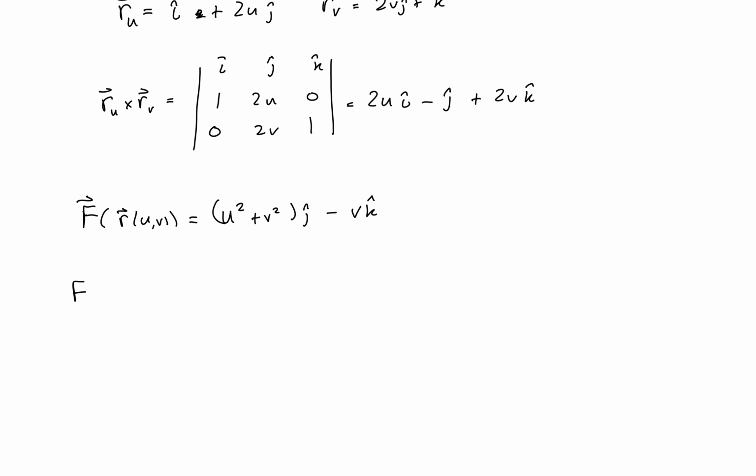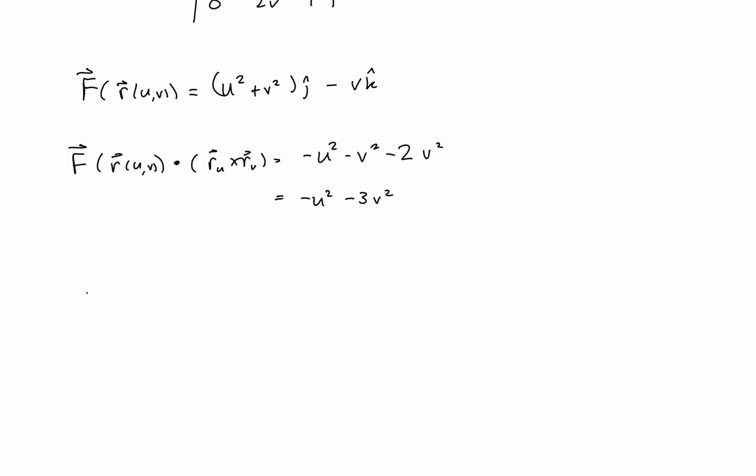Now we can take the dot product of these two. There's no i in the F component, so that will go away. So I'm going to get minus u squared minus v squared, and then I'm going to get a minus 2v squared. So this gives me minus u squared minus 3v squared.